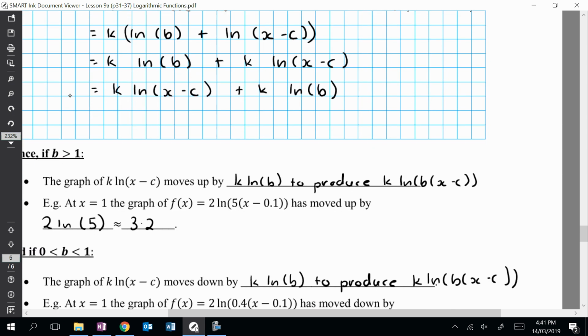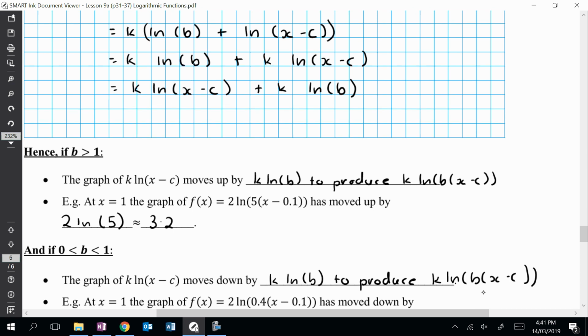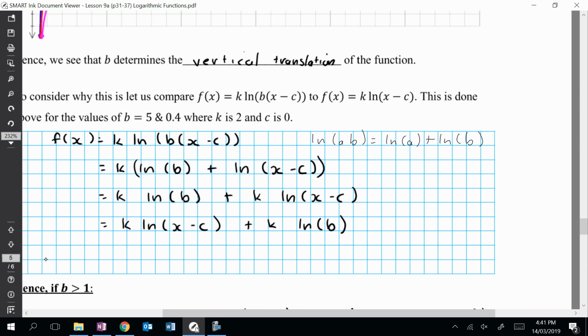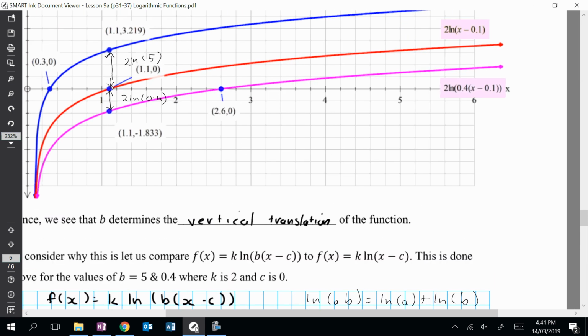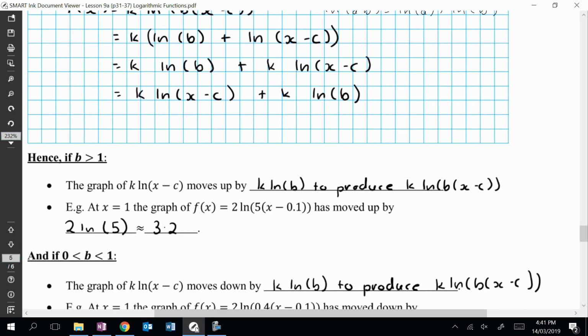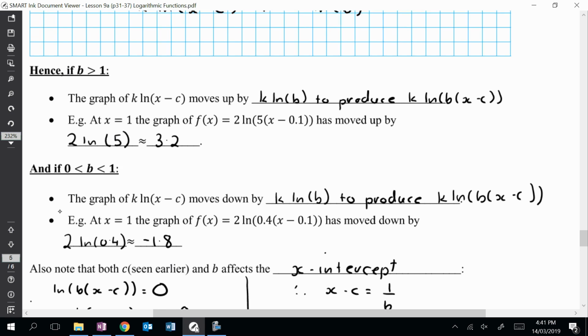And if b is between 0 and 1, then it moves down by k ln b. Looking at x equals 1, 2 ln 0.4 is about negative 1.8, so here it's moved from 0 down to negative 1.8. That makes sense, moving the graph up and down by that certain amount.